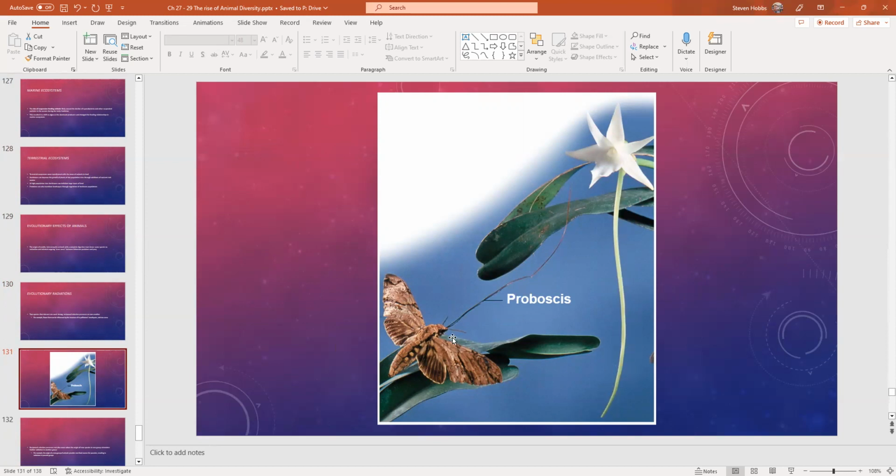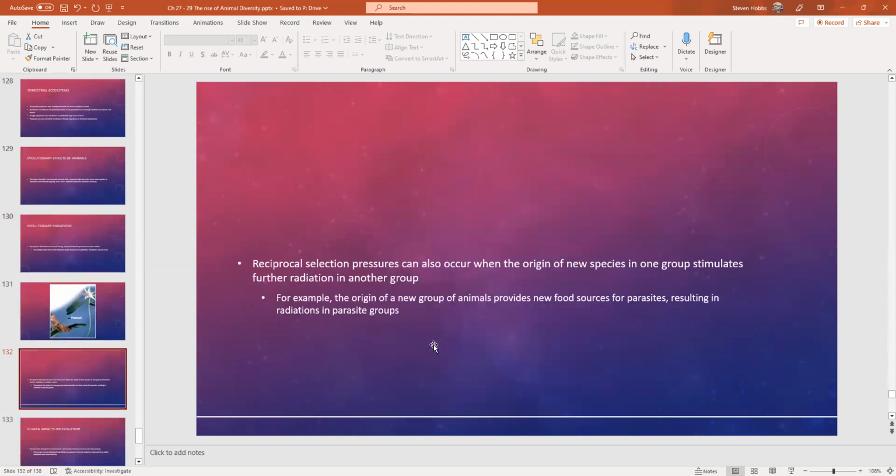And by doing so, this is the only animal that can pollinate this flower. That also means that this flower is the only flower that this moth will be able to get food from. So they work back and forth with each other. So those reciprocal selection pressures occur when you see a new species being added.